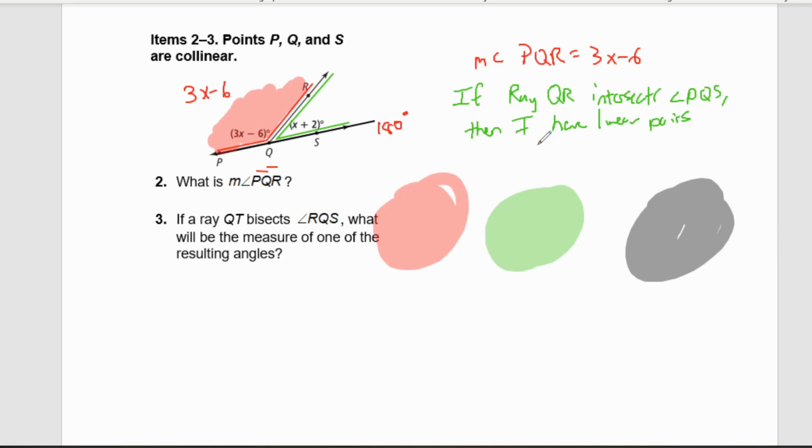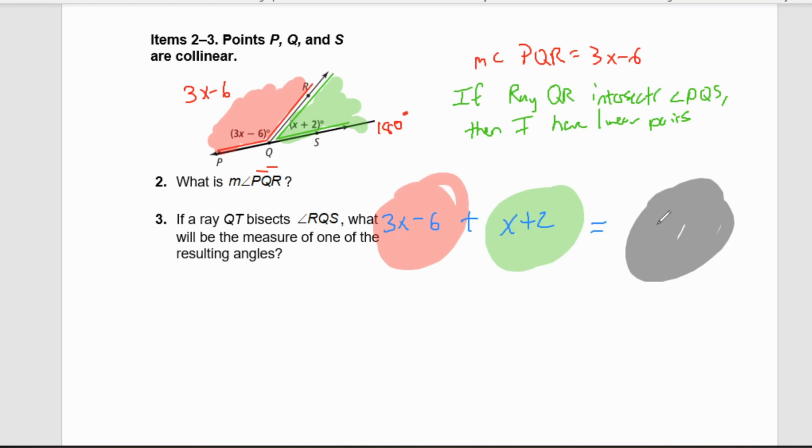Let's go with this blue. So since they're linear pairs, I know that red plus green must add up to 180. And let's do that. So in green, I have x plus 2. In red, I have 3x minus 6.